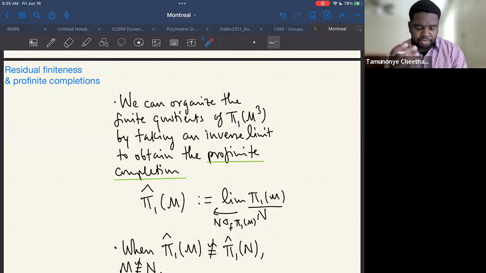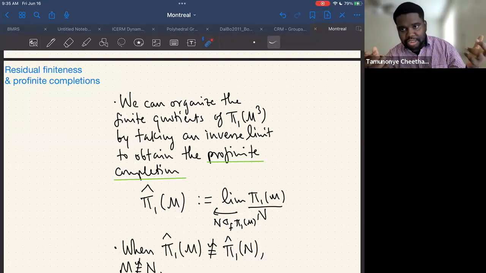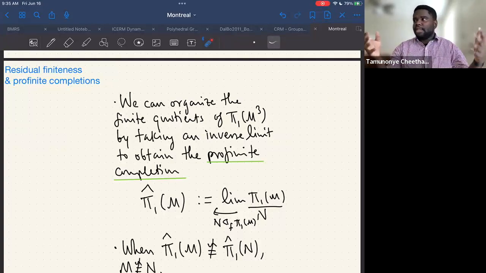one of the remarks that was made last week was about this effective recognition for three manifolds. If you are given three manifolds, you meet them in the wild, and you try to say, how can I tell if these two are different? One way you can do so is to consider them up to finite sheeted covers.